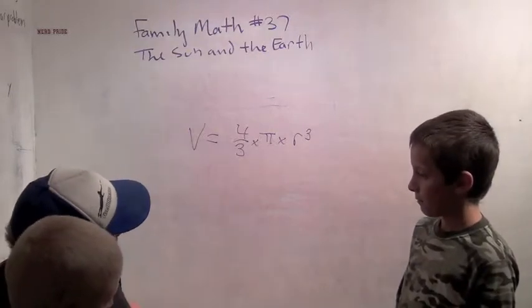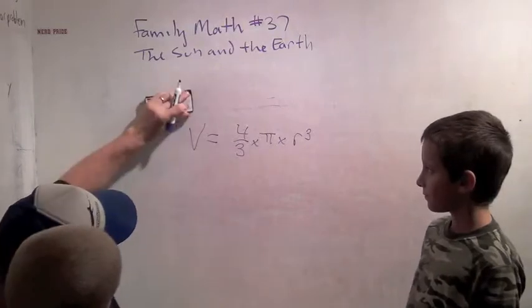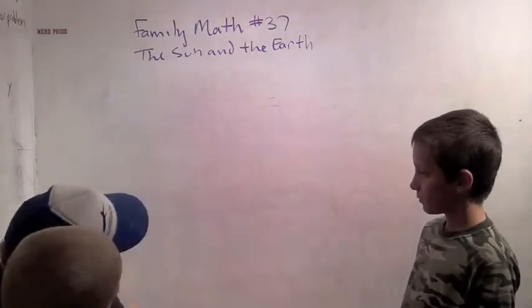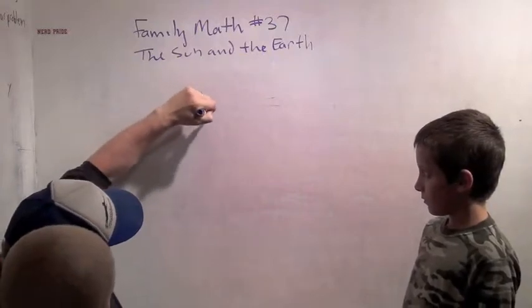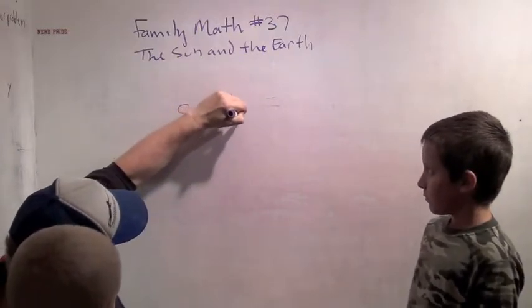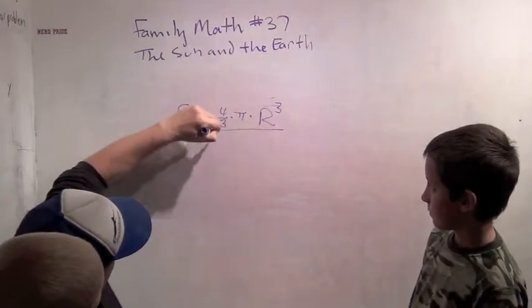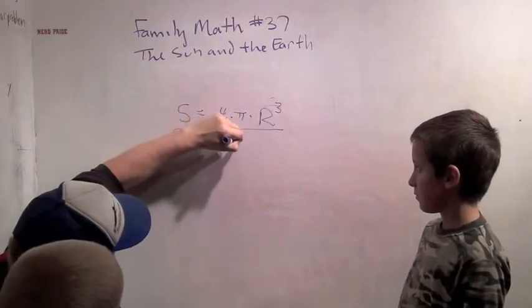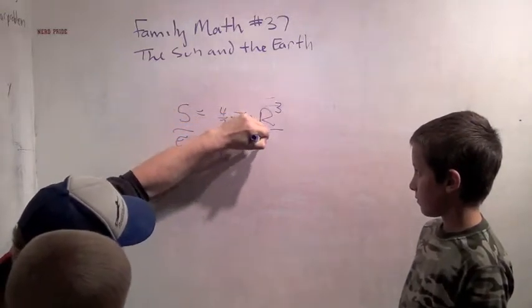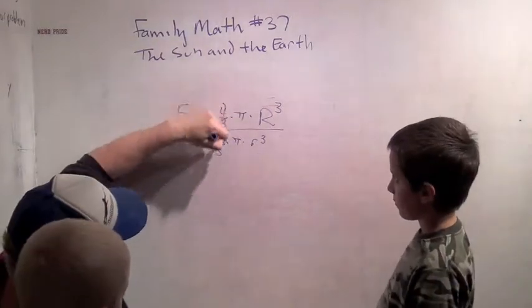But if you want to figure out how many Earth volumes fit inside the sun, you would take the big radius, the sun, which is 4/3 times pi times big radius cubed, divided by the Earth, 4/3 times pi times little radius cubed, and everything cancels.